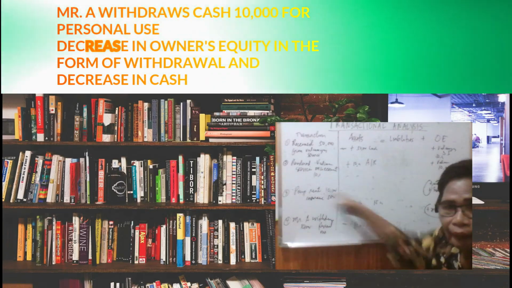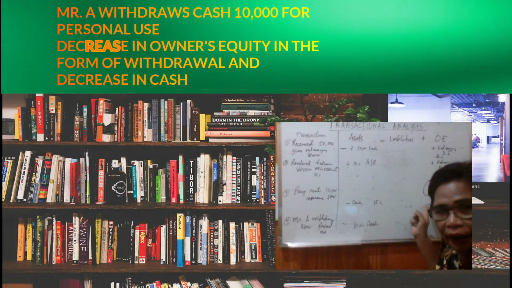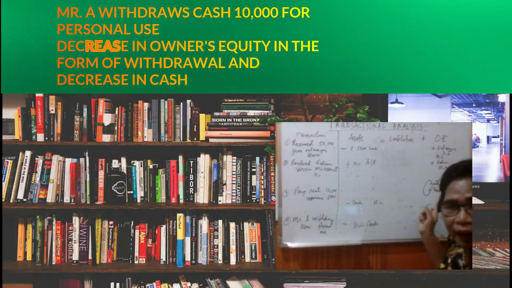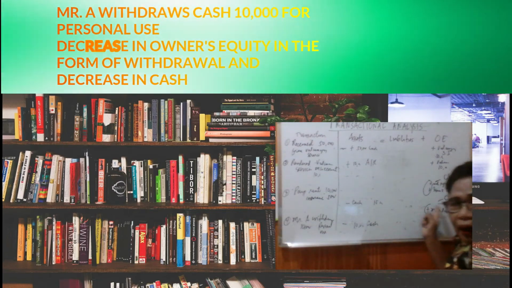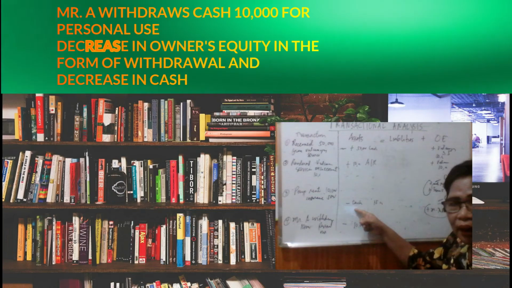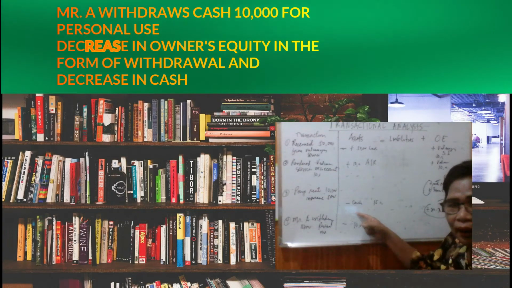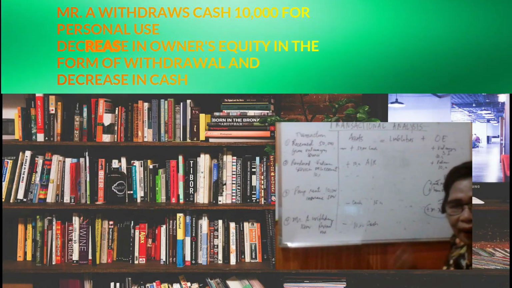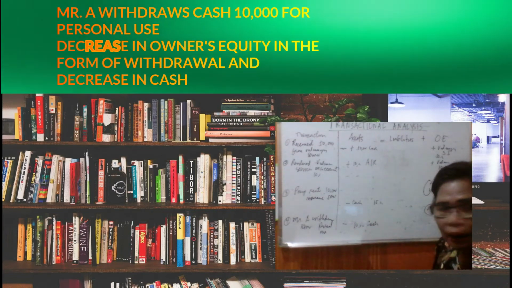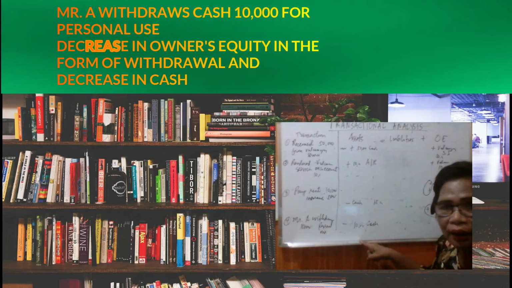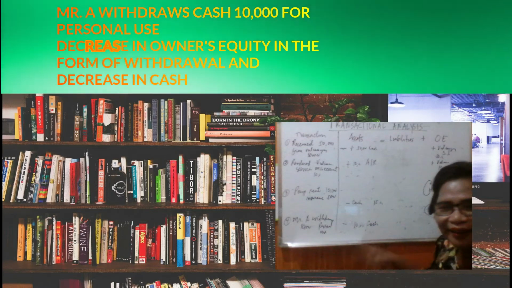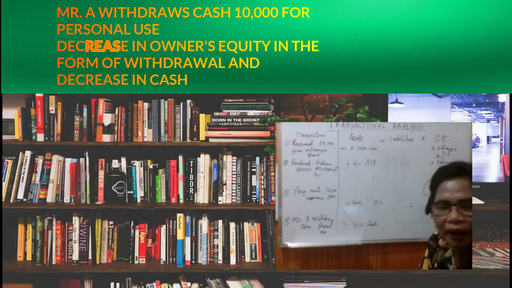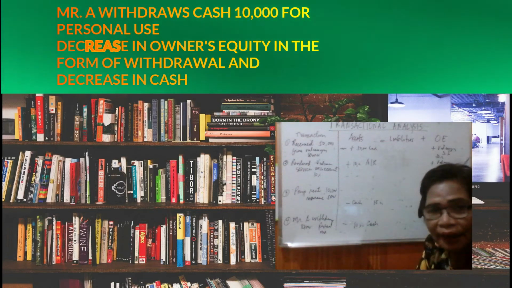Rent: there is an increase in the rent, but it tends to decrease owner's equity. So the owner's equity on this side decreases, and it corresponds also to the decrease in the cash on the left side. That is the same also with the drawings. There is an increase in drawings, but it tends to decrease owner's equity, and then there is the corresponding decrease also in the cash.